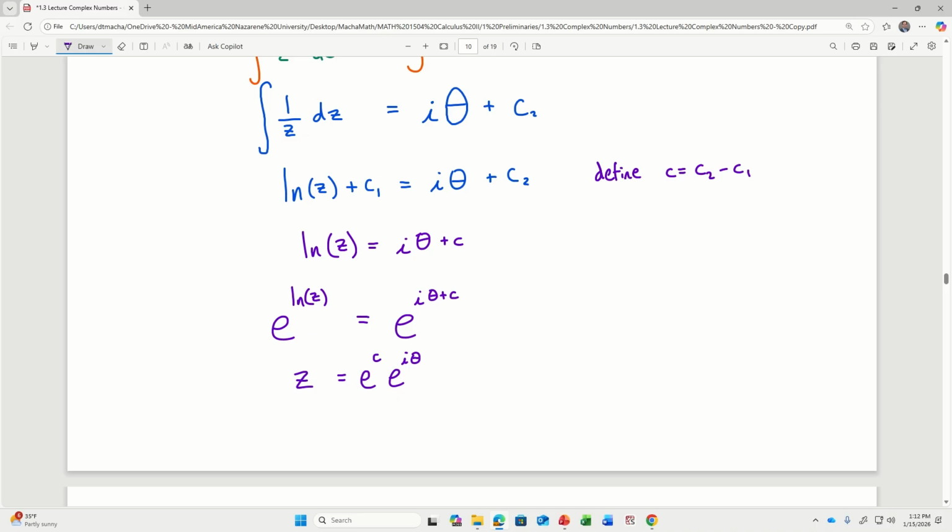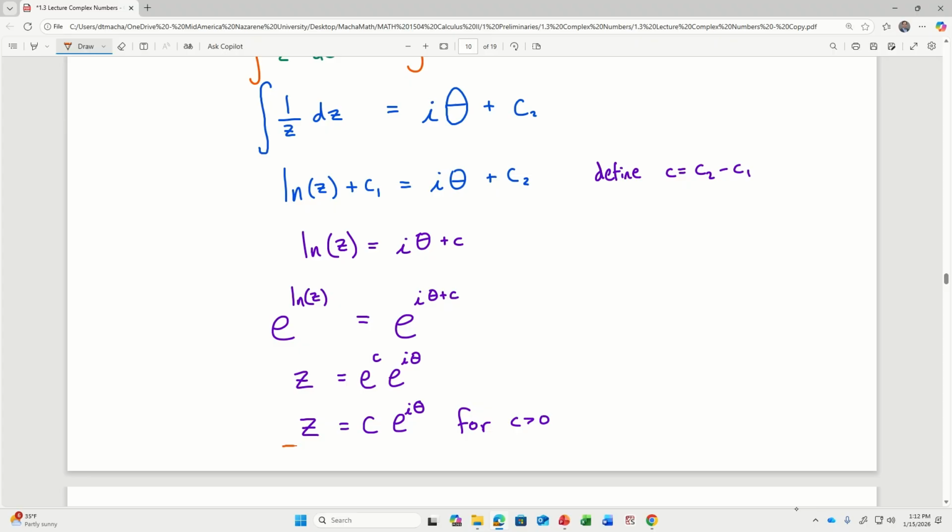E raised to any real number is just any positive real number. So maybe I could choose to represent it like this, as long as we remember that C has to be positive. But it could be any positive number. And this is doing pretty good, I think, right now.